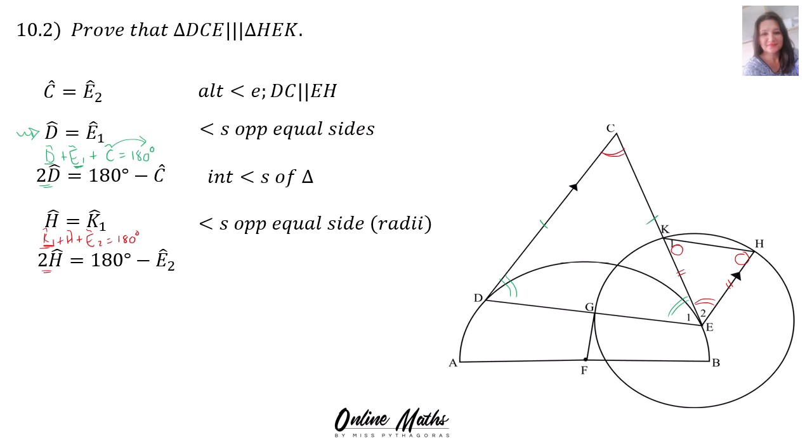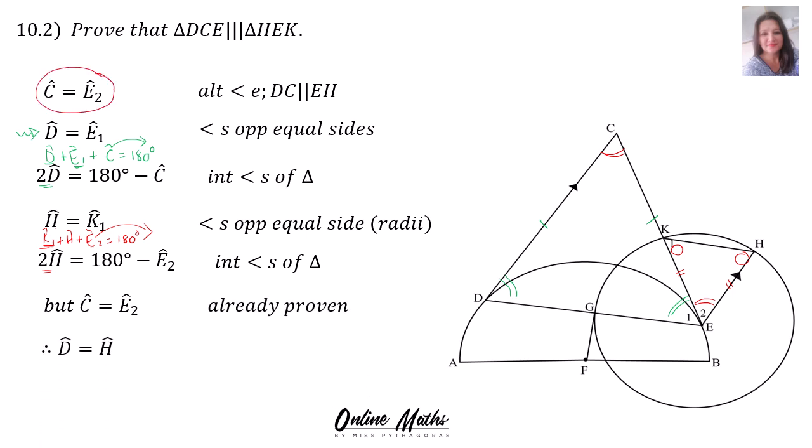And then I let the E2 walk across. But we know that angle C is equal to E2 from the start. Therefore, we can say that angle D is equal to angle H, which then makes triangle CDE similar to triangle EHK, and the reason angle, angle, angle.